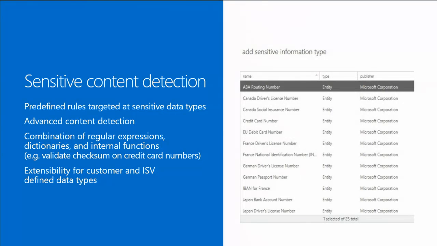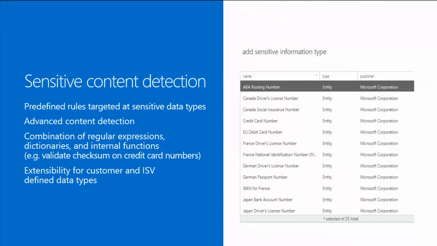And in terms of the entities themselves, these aren't just pure regexes. Depending on the entities and the kind of validations they have, the things we have built in the box can include regular expressions, checksum validations, and in addition to that, corroborative evidence, things that provide a higher confidence that we have found what we're actually looking for. And these, just like policy templates, are fully extensible.